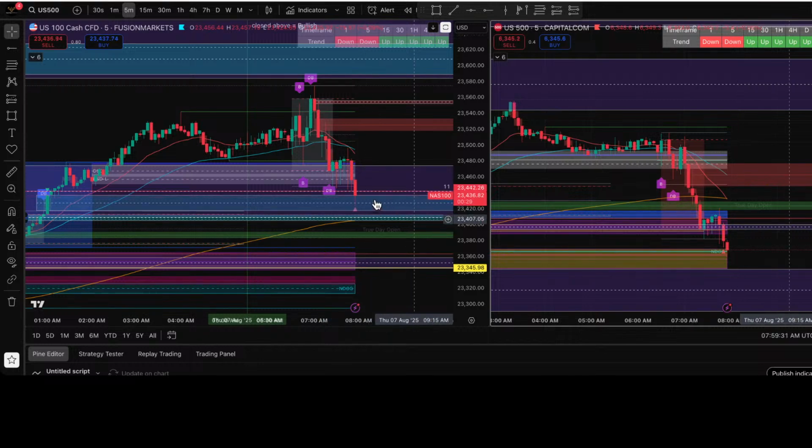I'm also hitting this 15-minute fair value gap right here. So now it's going to use that as its reason to retrace.